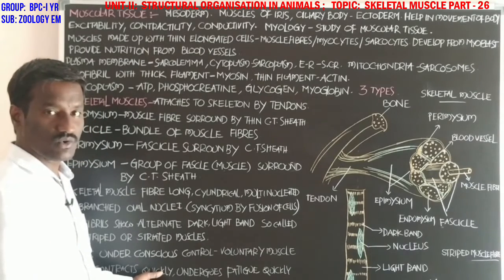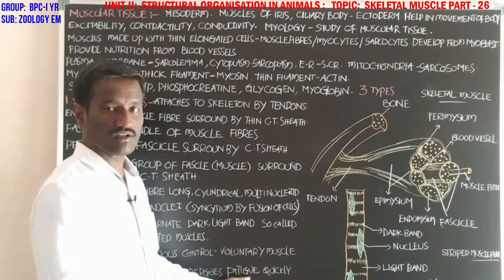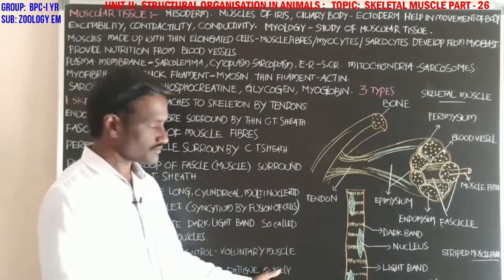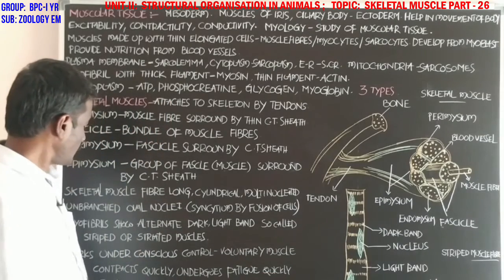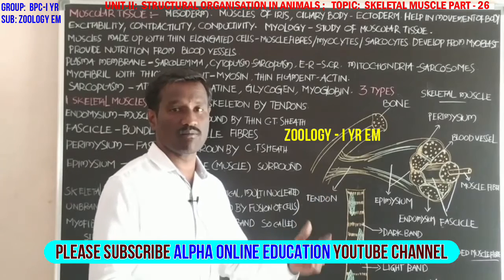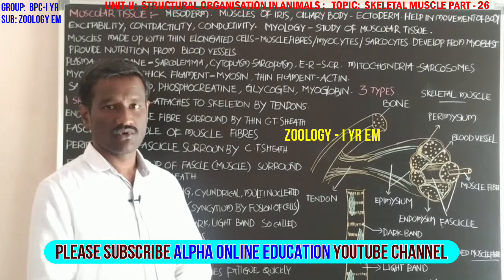The muscle contracts quickly and undergoes fatigue. Fatigue means resting time. It undergoes fatigue quickly. Next, student, this muscle is regulated by the somatic nervous system in the body. Okay, student.